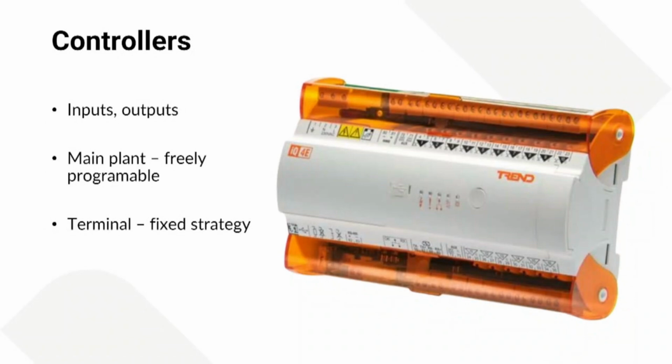And with controllers, you generally have inputs such as sensors and feedback from, say, a pump run status, and then you have outputs, which will either be the enablement of a piece of plant or an actuator position. There are two main types of controllers.